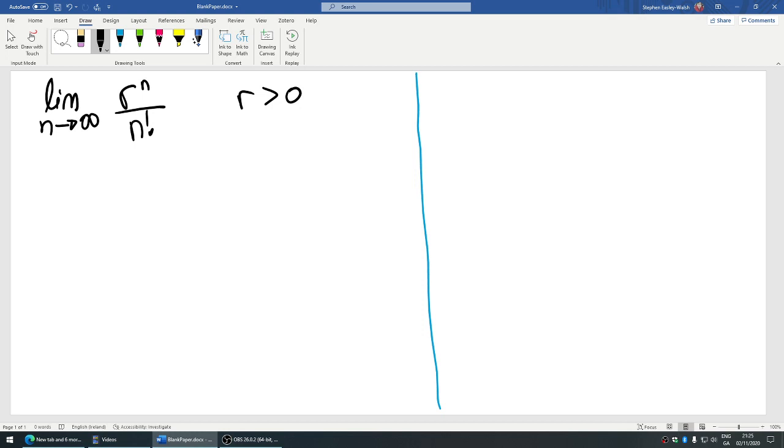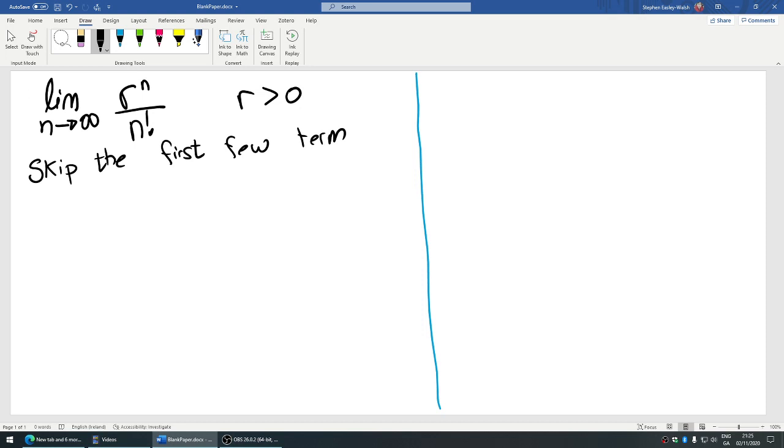So what we're allowed to do is skip the first few terms. Since we're looking at the limit as n goes to infinity, we are free to start at any point in the sequence, and that won't affect the limit as n goes to infinity.